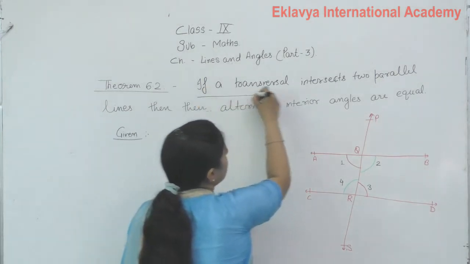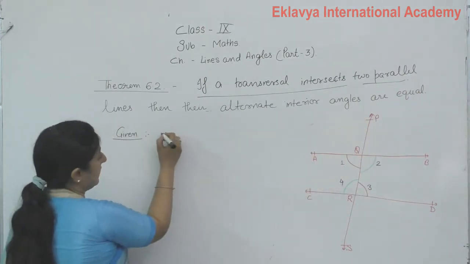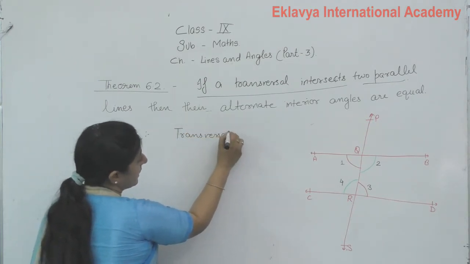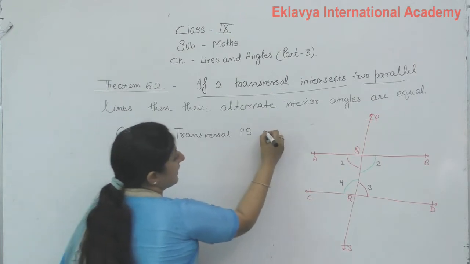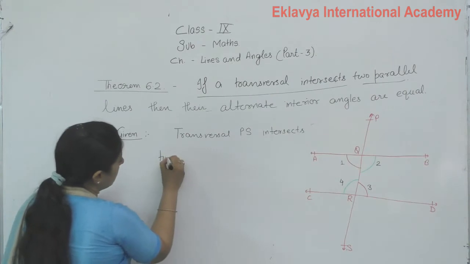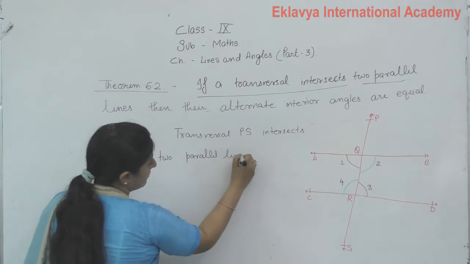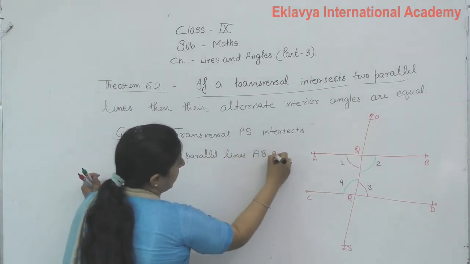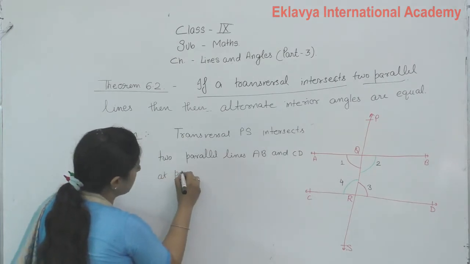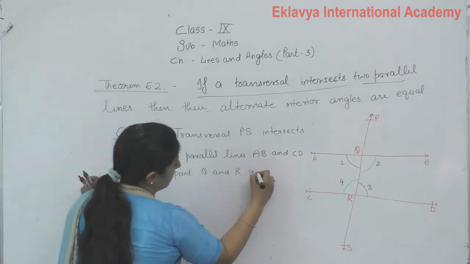If a transversal intersects two parallel lines, it is given that transversal PS intersects two parallel lines AB and CD at points Q and R respectively.